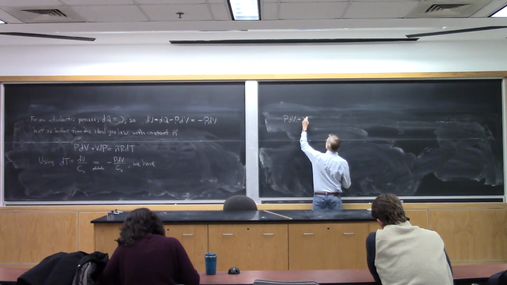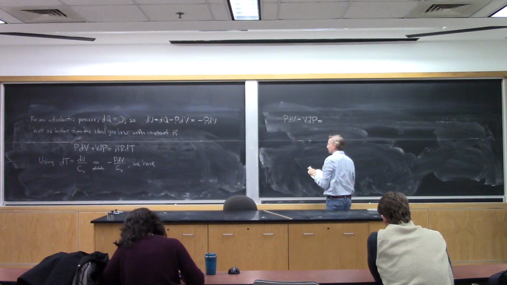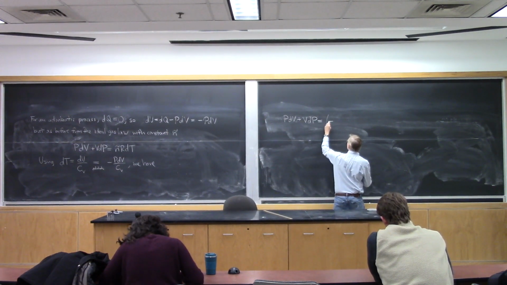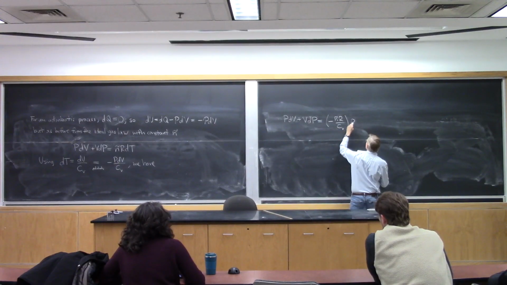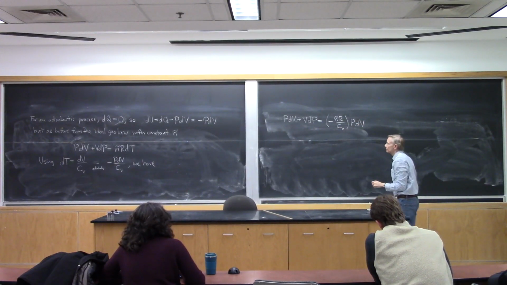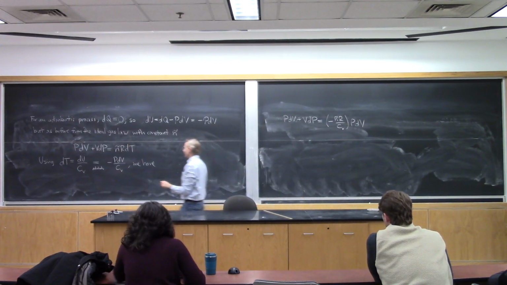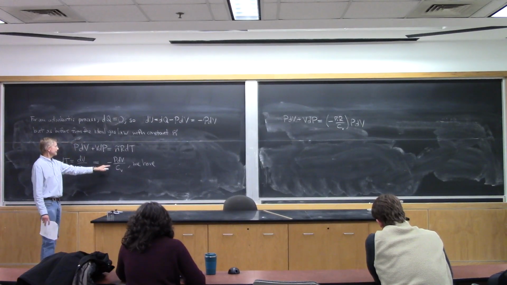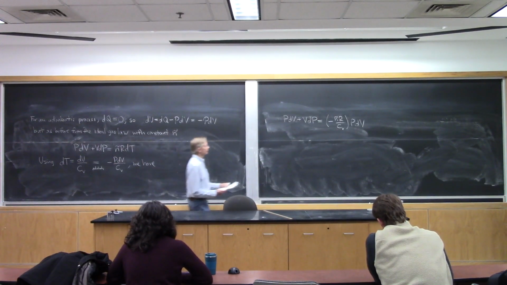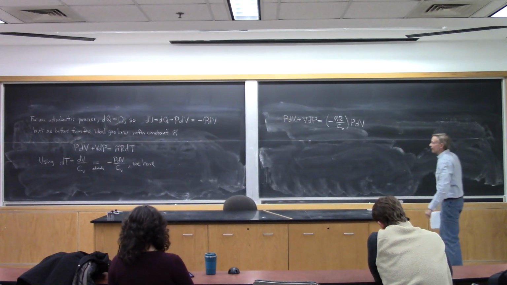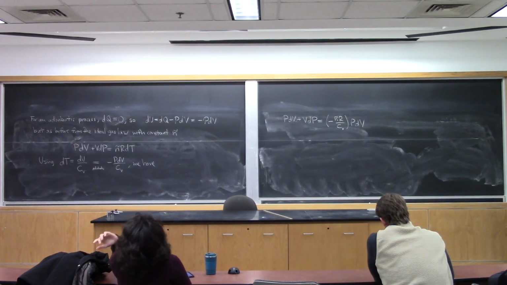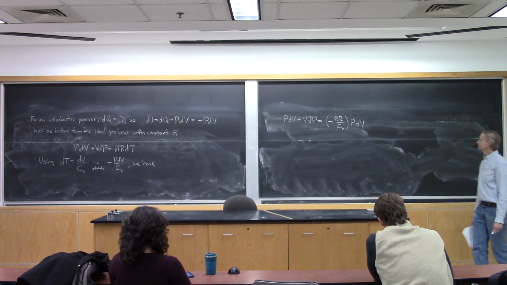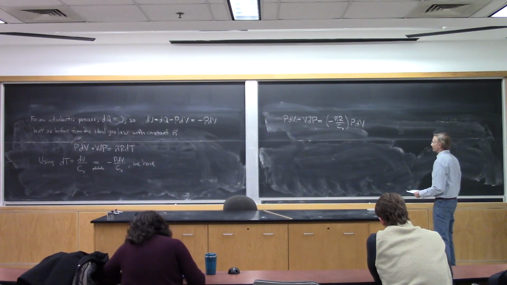PdV plus VdP is equal to minus n tilde R over Cv PdV, because I have n tilde R dT, but dT is minus PdV over Cv, so I'm just plugging that in to the right-hand side of the n tilde R dT over there on the PdV plus VdP line. Are you okay with that?